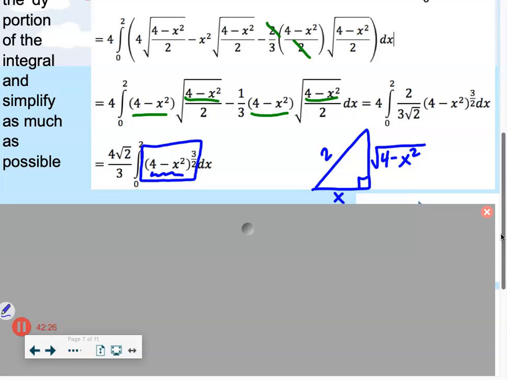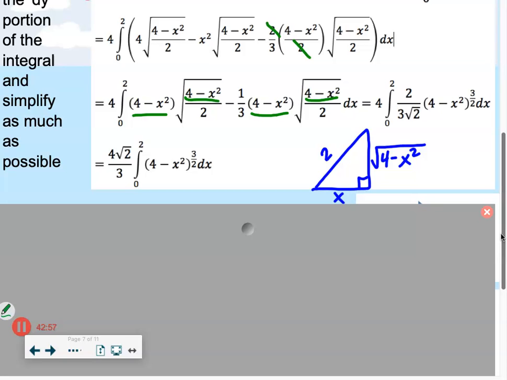Okay. So does everyone understand how I picked the sides for the triangle? This is trig sub first time. Once you pick your sides, you start labeling trig functions. I need something that will give me this.